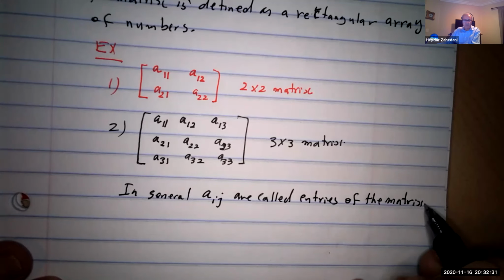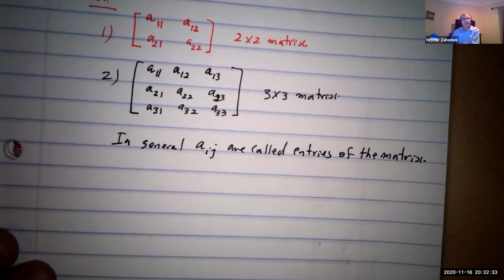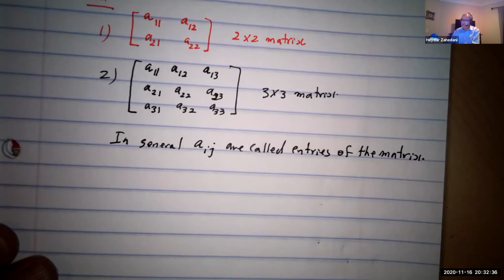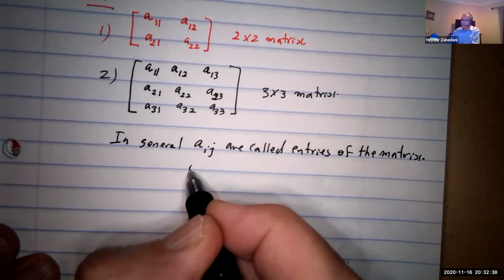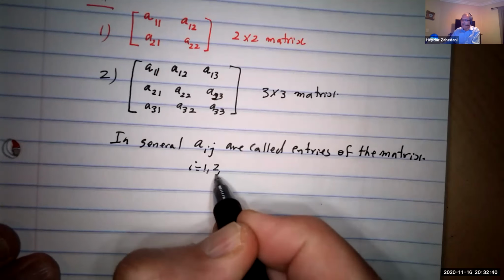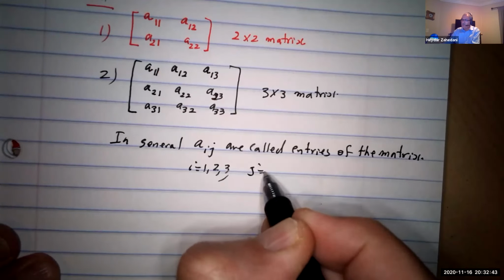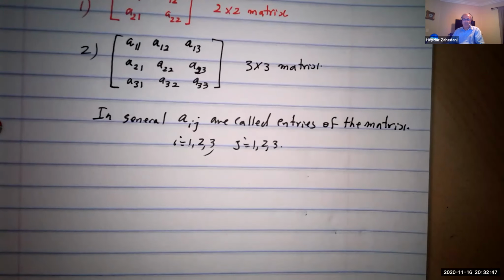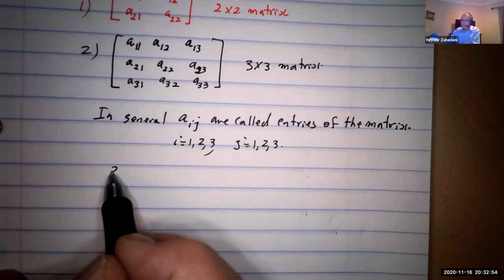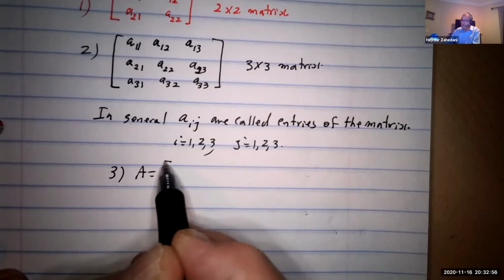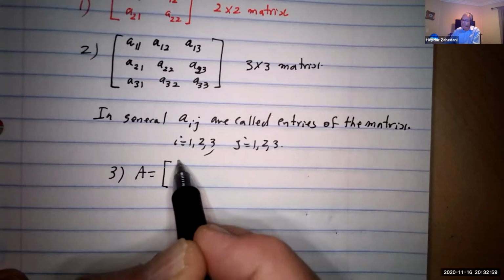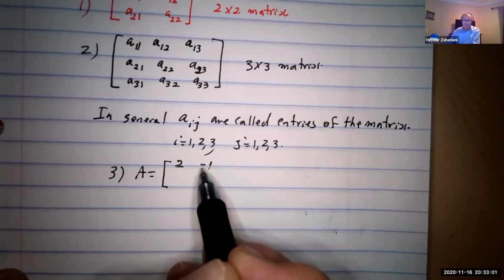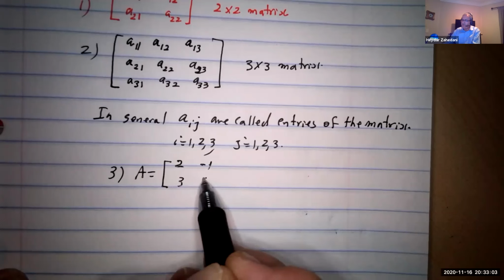Again, we are not going to have very much of these type of ideas. In this case, i can be 1, 2, 3, and j can be 1, 2, 3. We put them together as a function. So basically, A is a matrix, and these are the entries: 2, -1, 2, -1, 3, 5.